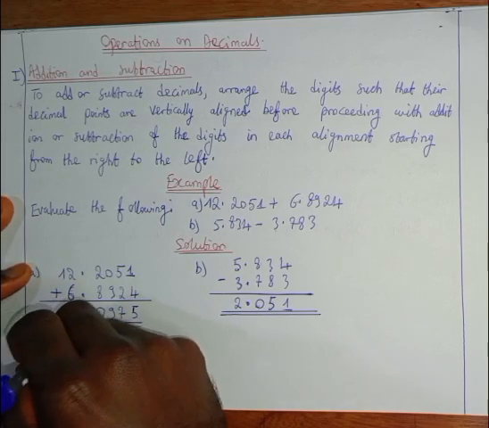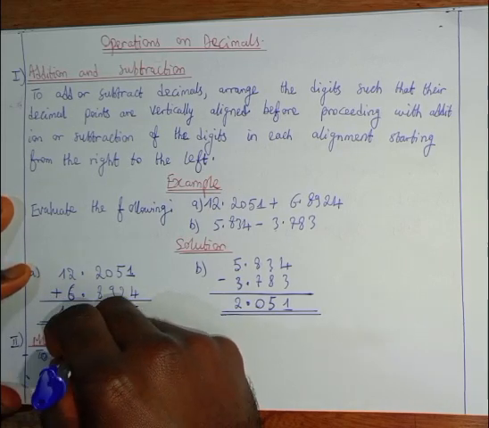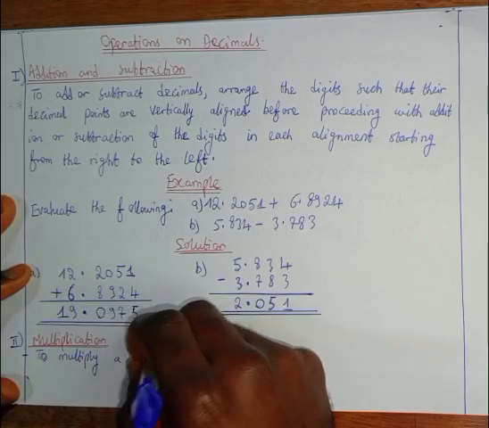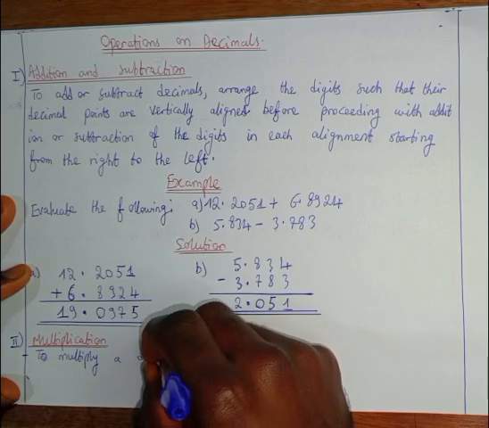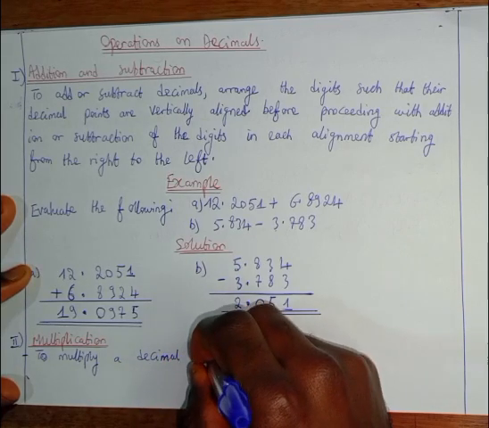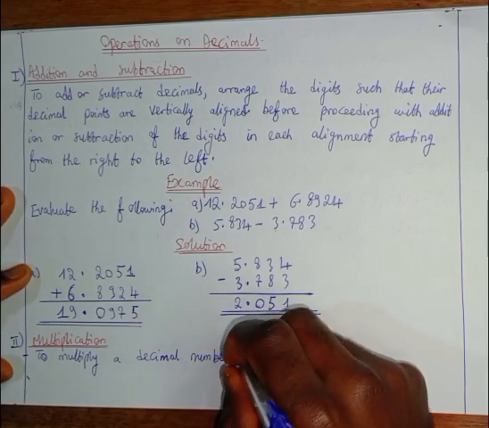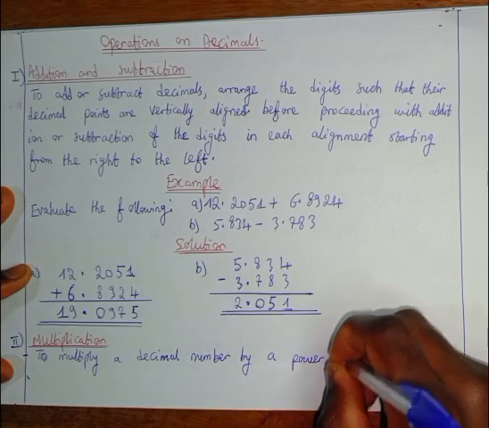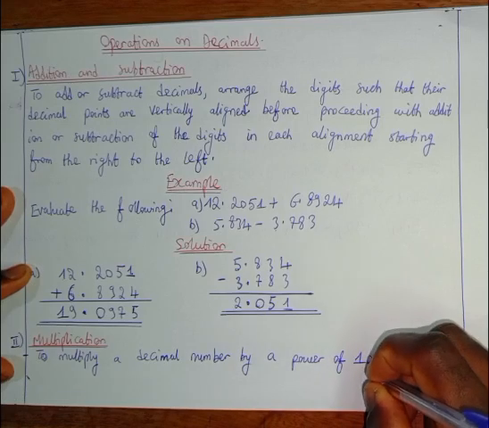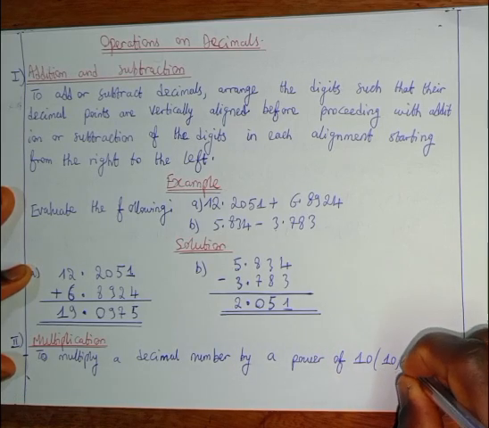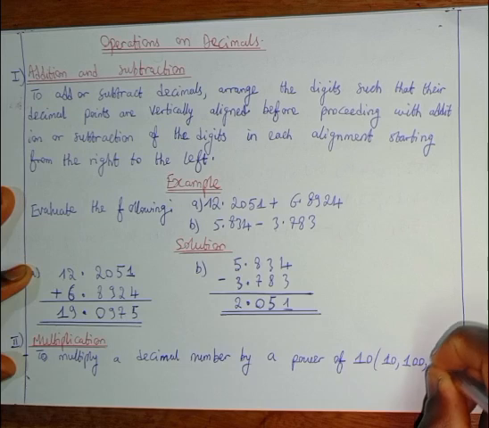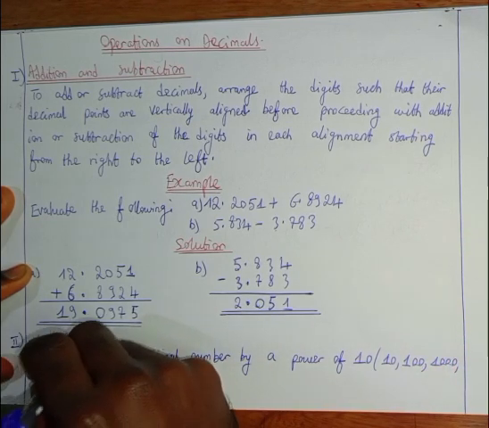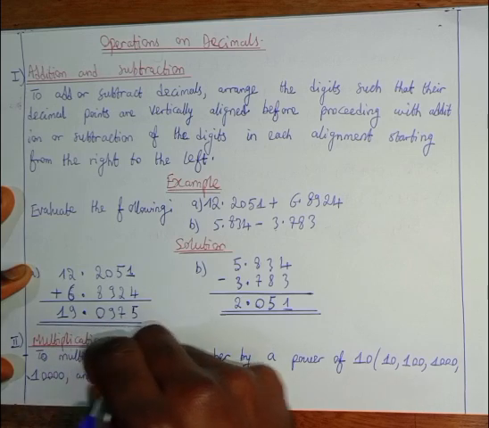Take the first heading: to multiply a decimal number by a power of 10. In terms of the power of 10, that means 10, 100, 1000, 10,000, and so on.